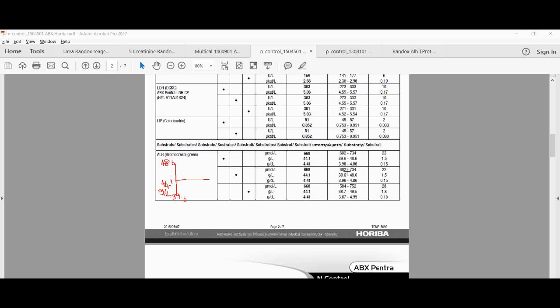Then in order to do your two standard deviations, you're just going to multiply 1.5 times 2, and then you're going to get your 2 standard deviation. You're going to get your 1 standard deviation and then your 2 standard deviation. So then you plot your value. Let's say you obtain an albumin concentration of, for argument's sake, 47.5.